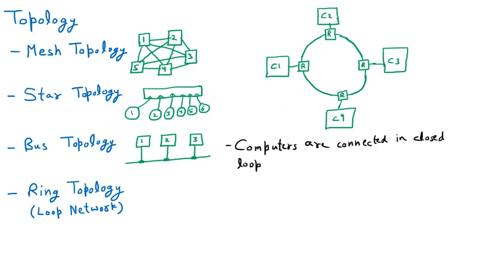Means the computers are connected in the closed loop, or we can say in the ring. So there is a ring through which all the computers are connected by a single communication cable. Means there is a single cable through which all the computers are connected inside the ring.